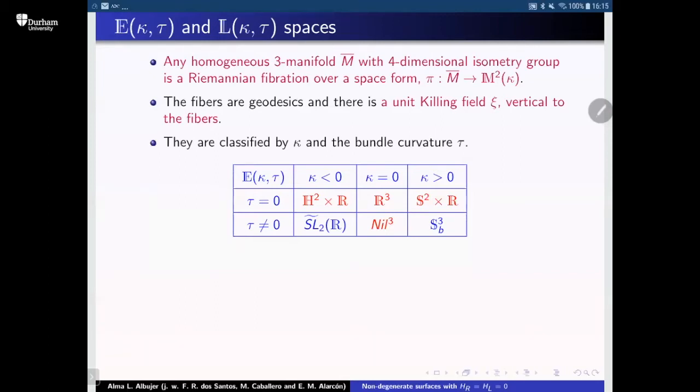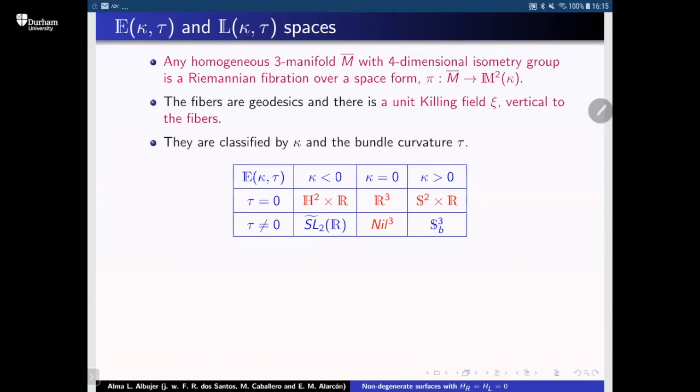And if tau does not vanish, then we have something twisted, we do not have a product. We have the Heisenberg space when kappa vanishes, we have a Berger sphere when kappa is positive, and we have the universal cover of the special linear group when kappa is negative.